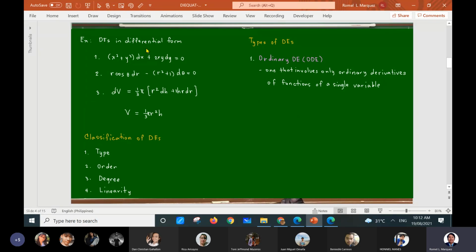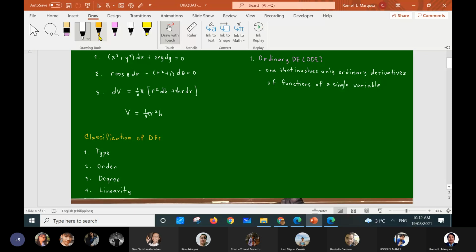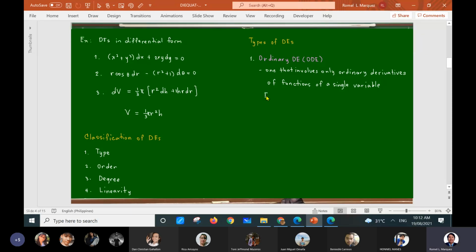Okay? So examples, we have the following. Number one, derivative of y with respect to x is equal to cosine of x minus sine y. No? So this is an example of an ordinary differential equation. Why is it an ordinary differential equation, guys?